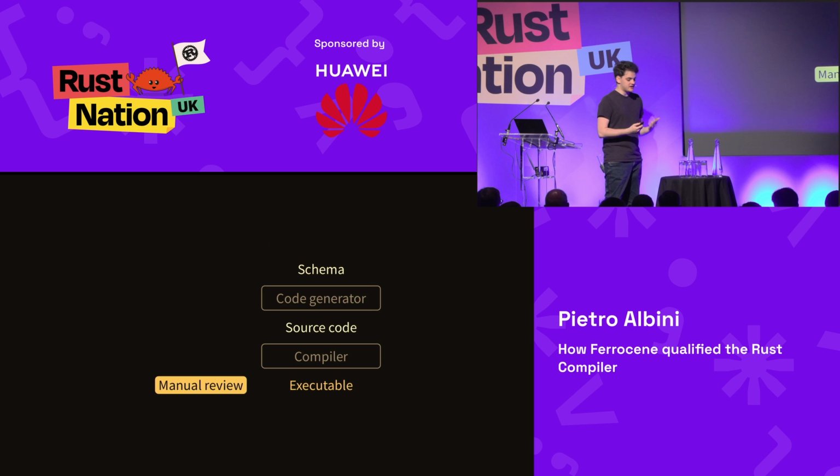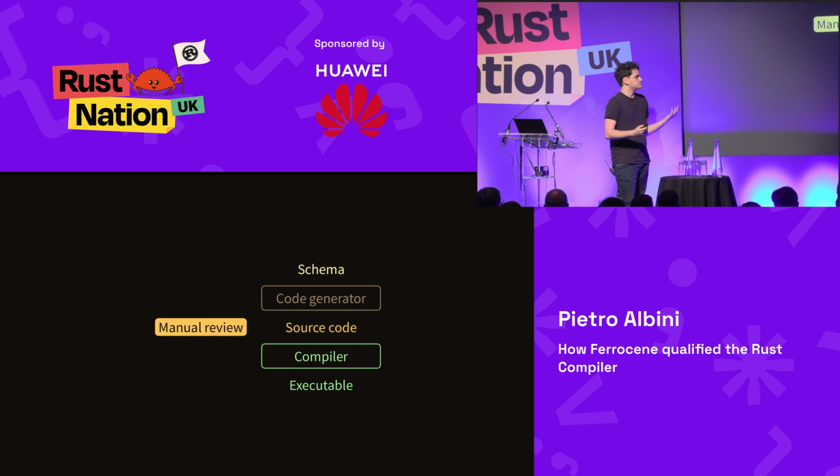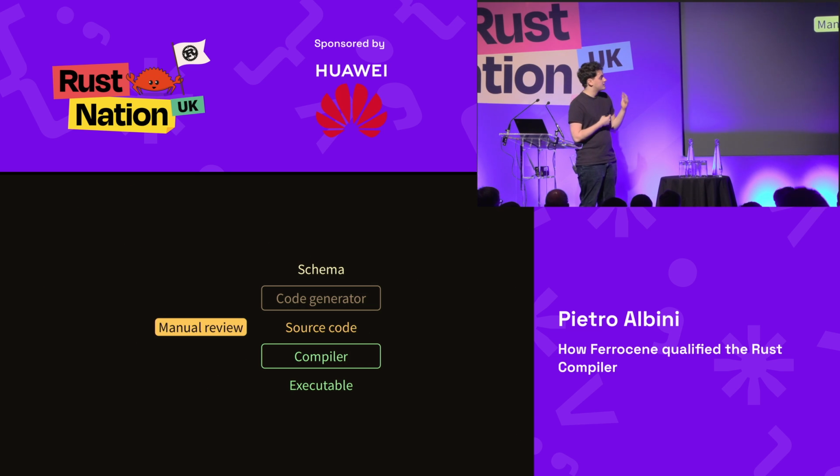So for example, if you take a qualified compiler, the review is moved to the source code. So you have to review that the source code does what you want, do all of the verification that is required for certification and all of that. But since you use a qualified compiler, the output of the compiler is assumed to be good.